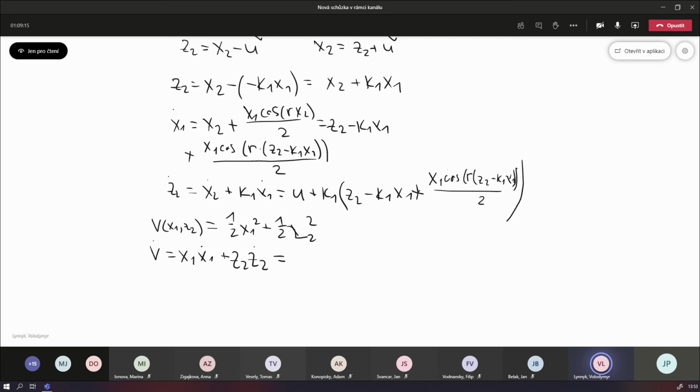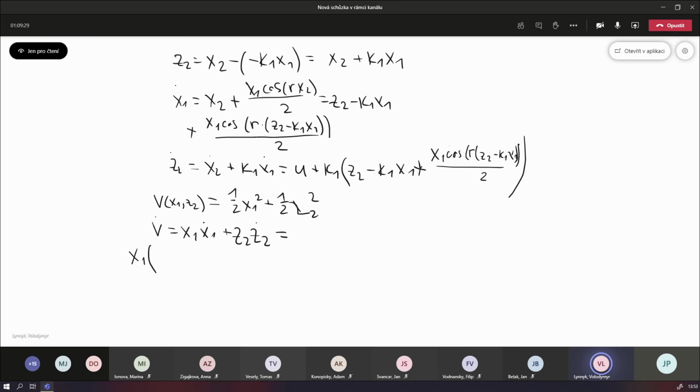Now we need to rewrite all these terms. It's equal to x1 times x1 dot, which equals z2 minus k1 x1 plus this big term with cosinus, x1 cosinus r z2 minus k1 x1 divide 2.